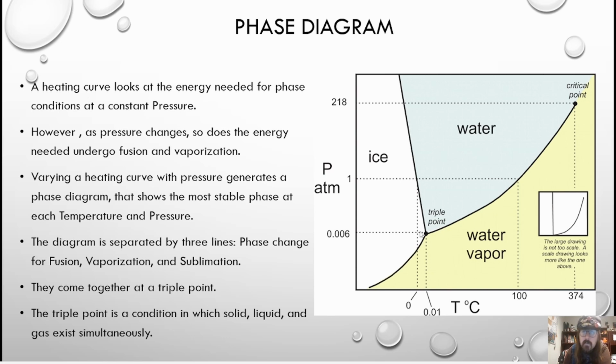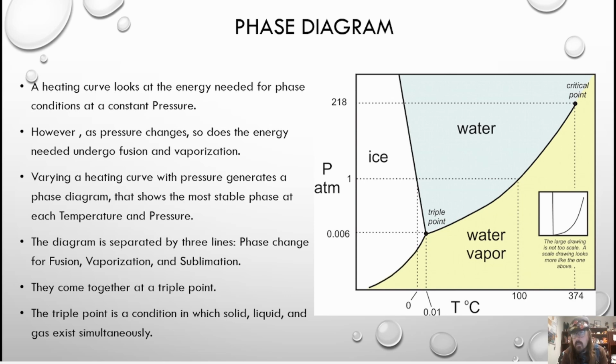Now these 3 lines come together at a point called the triple point. This triple point is a unique set of conditions in which all 3 states exist simultaneously. So one thing to note is that when you're at a phase change, for example, at 0 degrees Celsius, ice is melting, but water is freezing. You have a little bit of ice and you have a little bit of water.